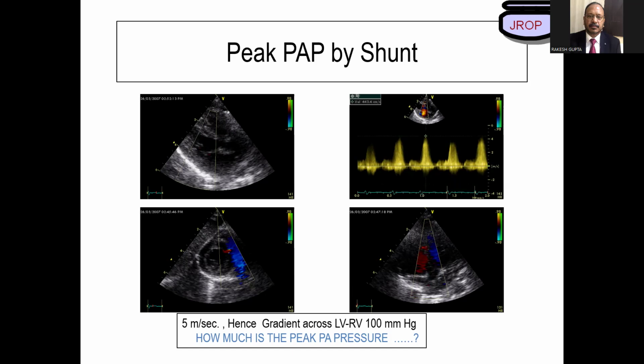How can you say the pulmonary artery pressure is 0? If it's 100, then we say that possibly there is no pulmonary artery hypertension, because 120 minus 100 would be only 20. And if I drive this 20 into 0.6 add 2.1, 20 into 0.6 would be 12, add 2.1 is 14.1 mean pulmonary artery pressure. Are we clear or not?